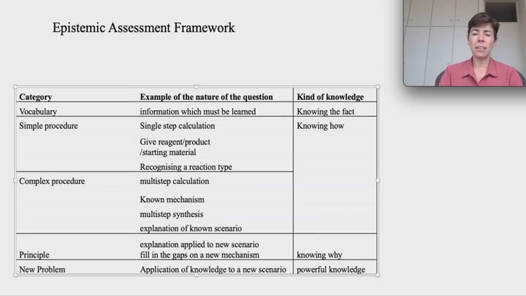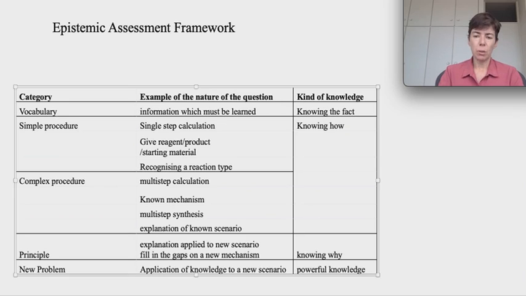So if you go across to the right-hand side, those complex procedures and simple procedures are basically elements that test that you know how to approach things. And to be honest, most of your chemistry assessments are going to fall under this category, the knowledge of how you can approach this.